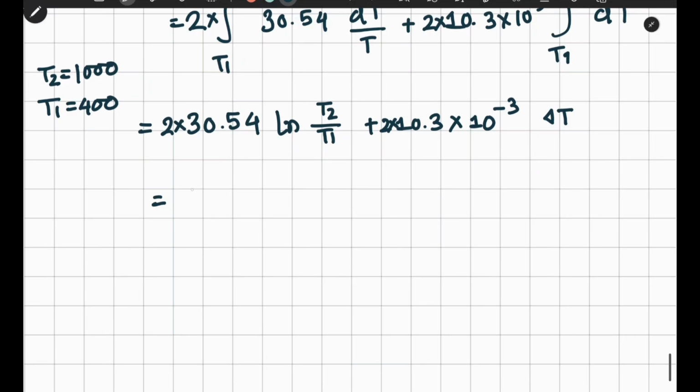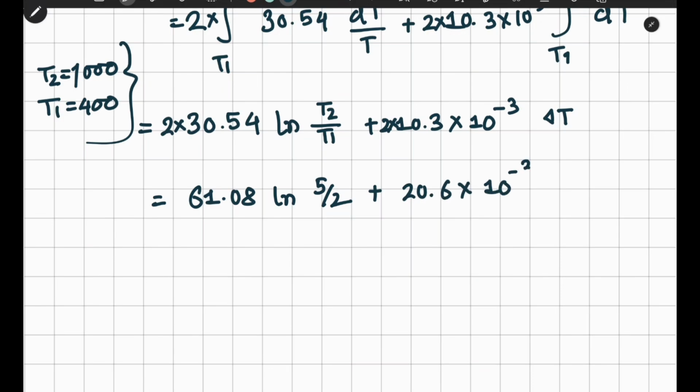So it will be 30.54 into 2, which is 61.08, ln 5 by 2, if you use these two values, plus 20.6 into 10 to the power minus 3 into 600.